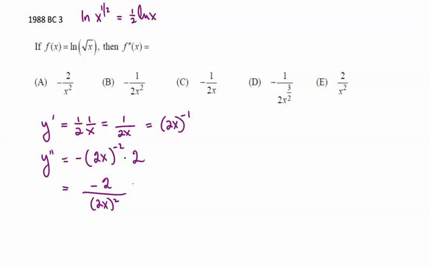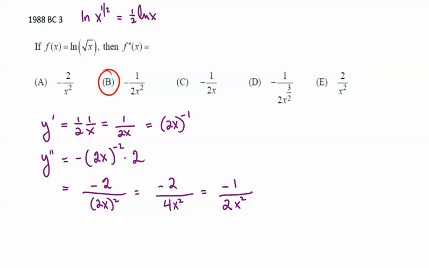If we multiply out the denominator, we will get negative 2 over 4x squared, which is negative 1/2, or negative 1 over 2 x squared. So let's look at our choices, and that definitely looks like option B there.